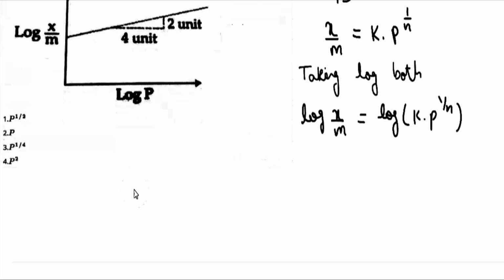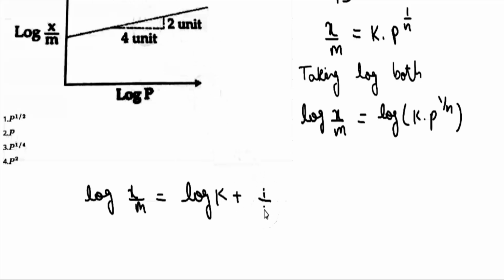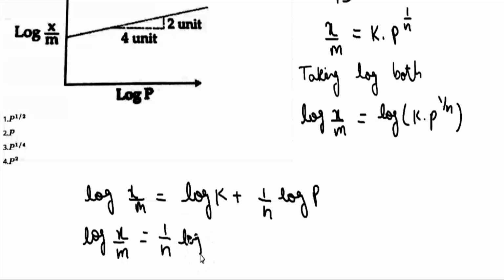Now using the property of log, log x by m is equal to log K plus 1 by n times log P. Rearranging the equation, log x by m is equal to 1 by n log P plus log K.